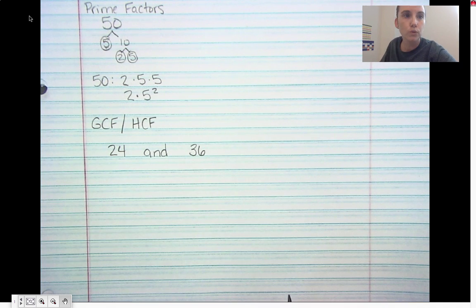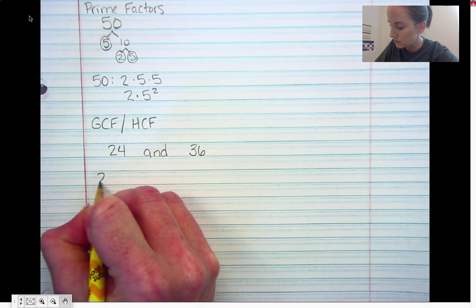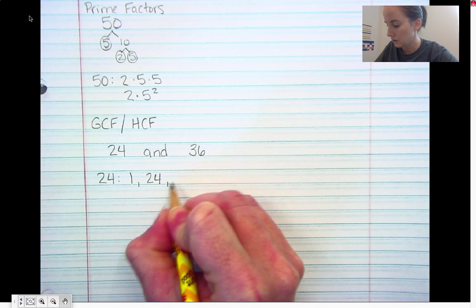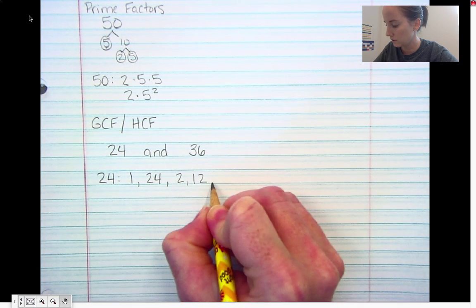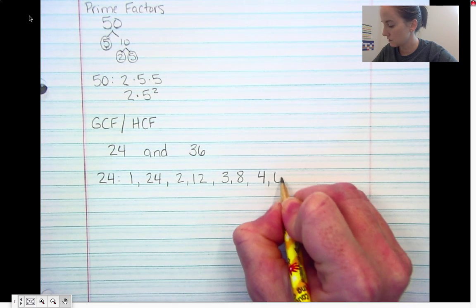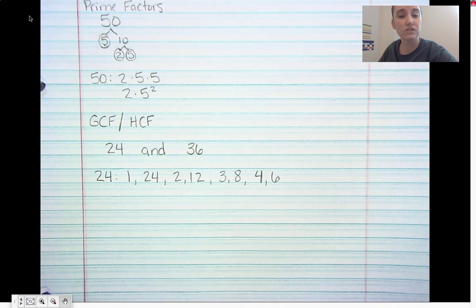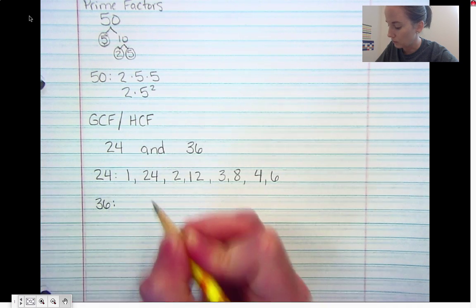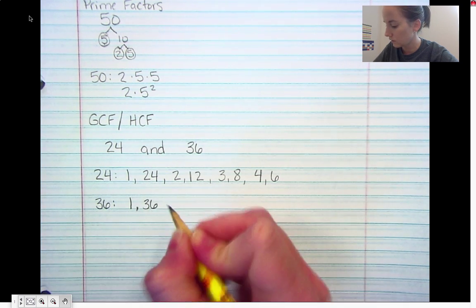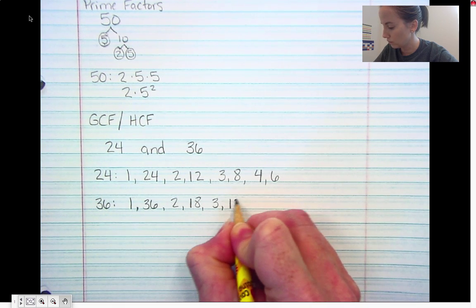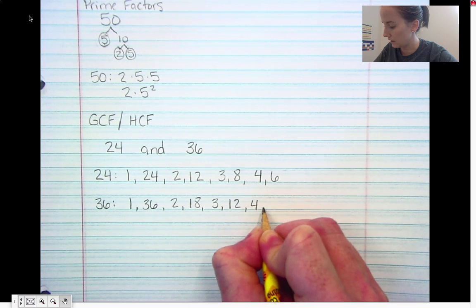So if you chose 24 and 36 and you chose to do it by list, for 24, I would say 1 times 24, 2 times 12, 3 times 8, 4 times 6, and there's nothing else because there is no 5. And for 36, I would say 1 times 36, 2 times 18, 3 times 12, 4 times 9.